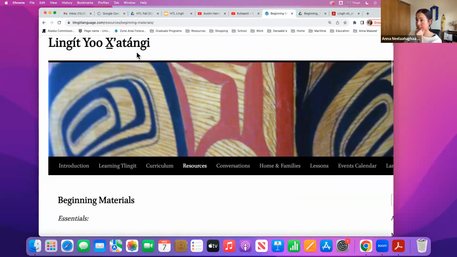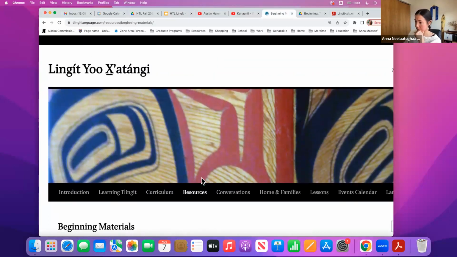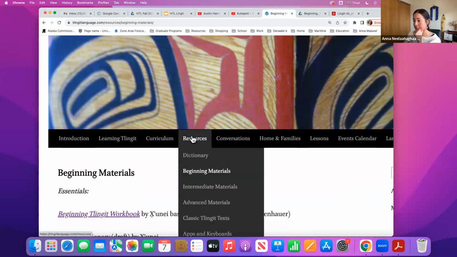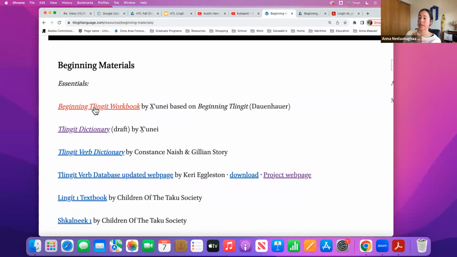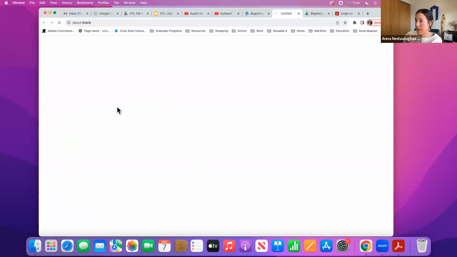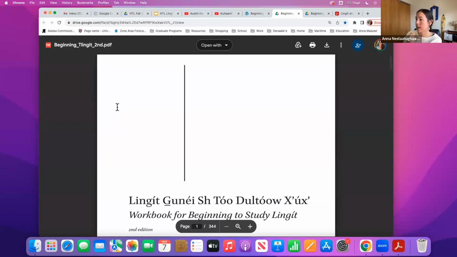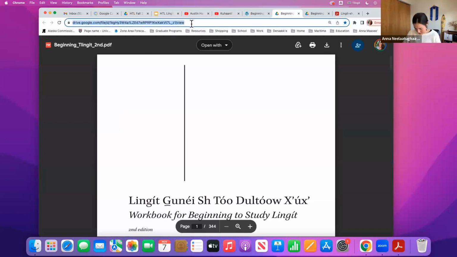Let me take you there and make sure I give you the right link. If you go into tlingitlanguage.com and scroll over the resources tab to beginning materials, the first hit is the Beginning Tlingit Workbook, and this is the book we're using. It's based on Beginning Tlingit. So I'm going to click this and put this link in the chat because this is the one I want you to use.